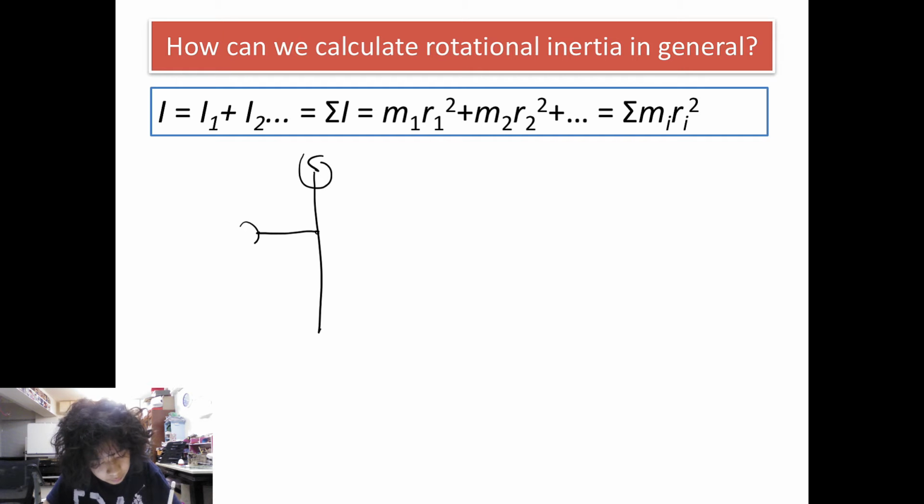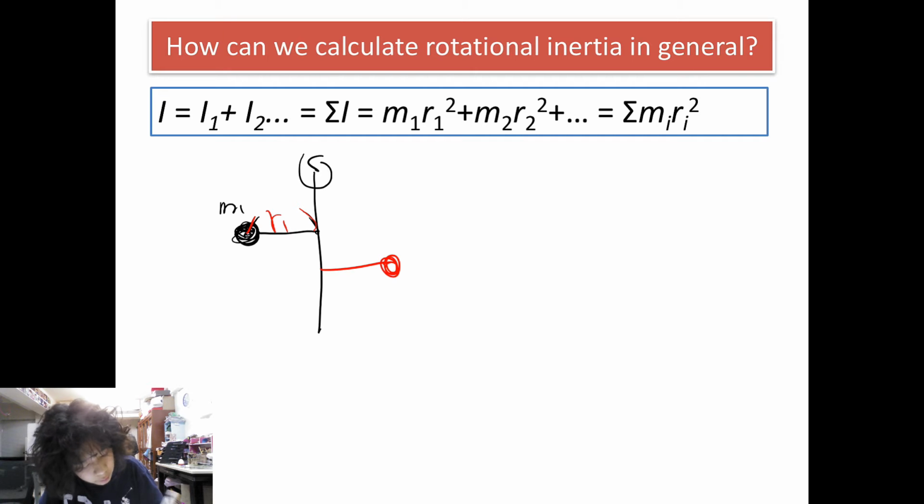We have a ball of mass M1 at distance R1, and another ball M2 at R2.